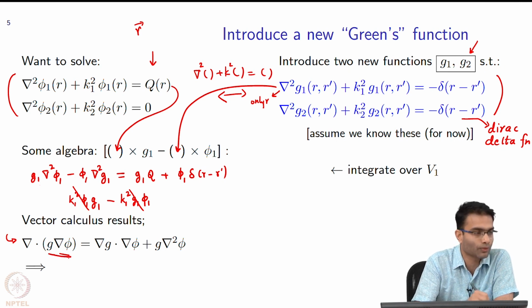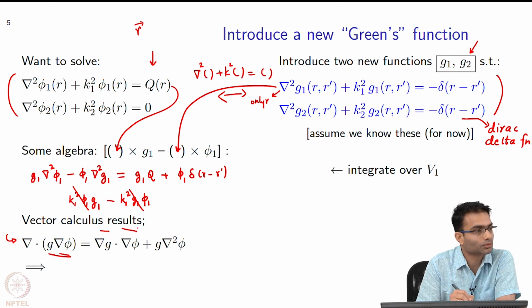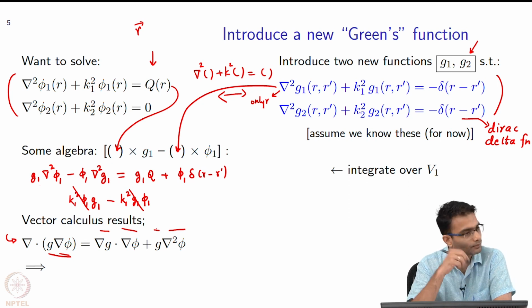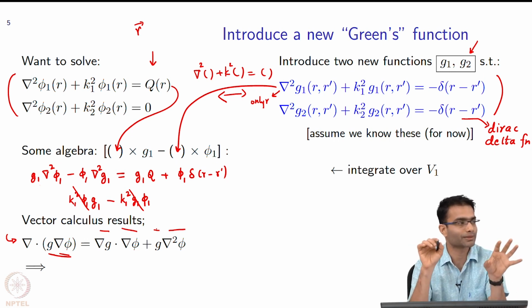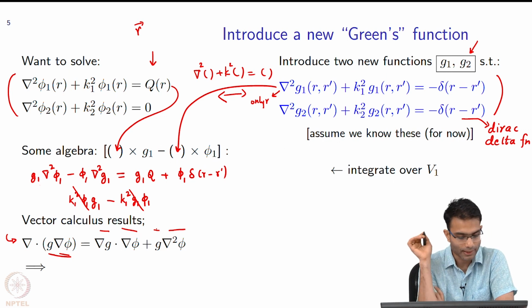So this is overall a vector, and when I take the divergence of a vector, I get a scalar, right. Look at this term, this is a vector, this is a vector, dot product scalar, del squared of a scalar is a scalar multiplied by g, right. So at least dimensionally it makes sense. I am not writing scalar equal to vector. So this kind of basic check you should do when you write down this expression.